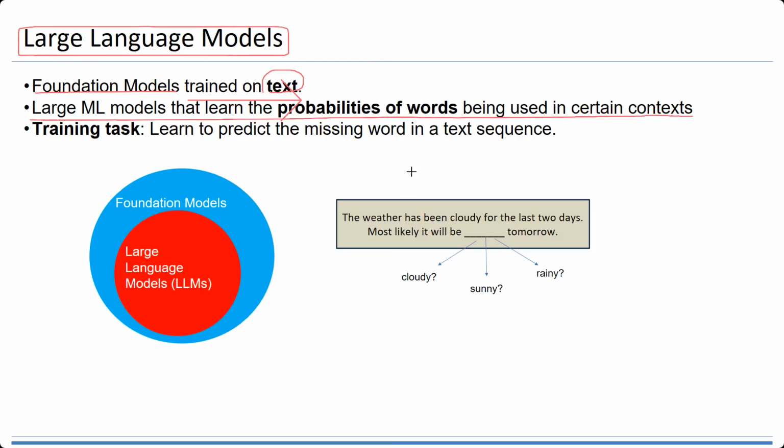So if you have this text, for example, the weather has been cloudy for the last 2 days. Most likely it will be, what is the probability here? Is it cloudy? Or is it sunny? Or is it rain? If you look at the problem here, the weather has been cloudy for the last 2 days.